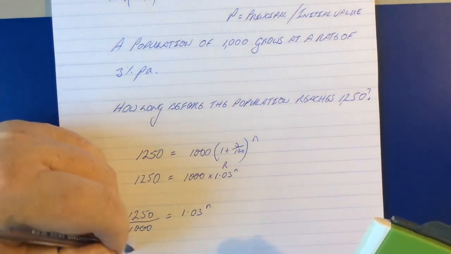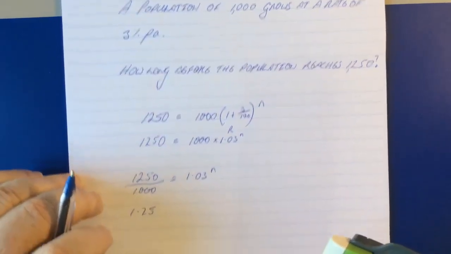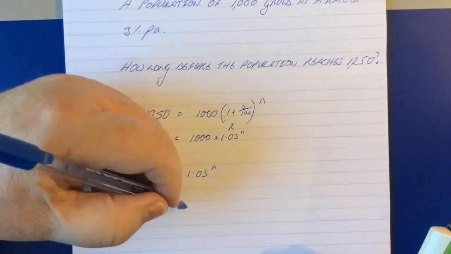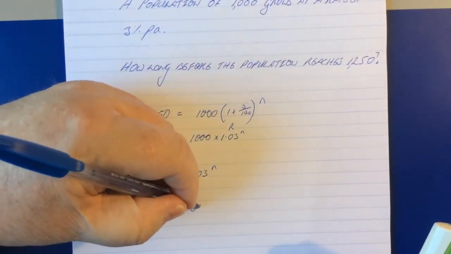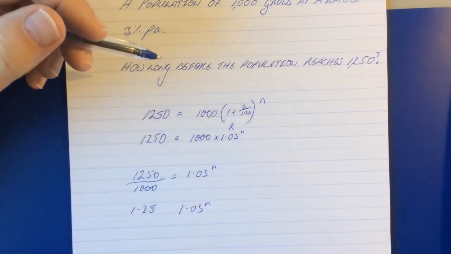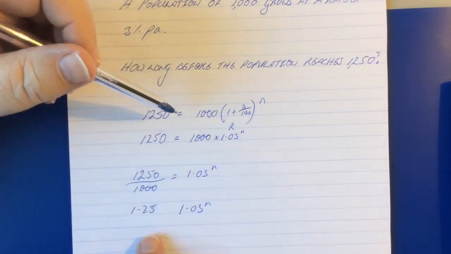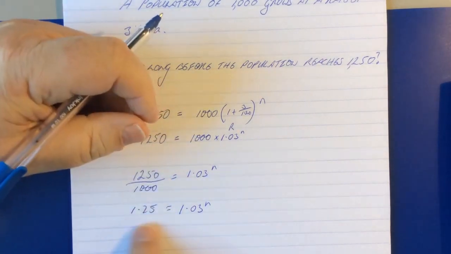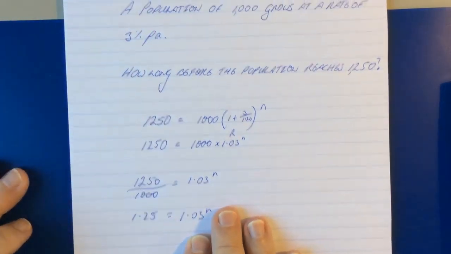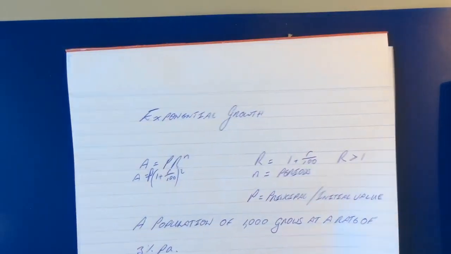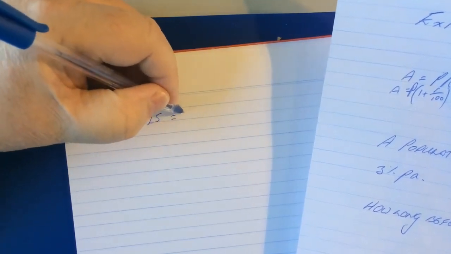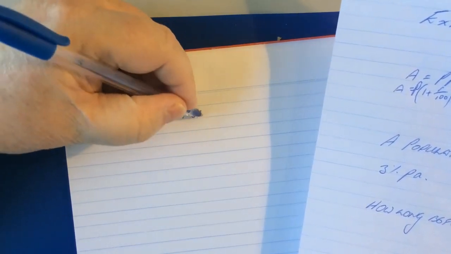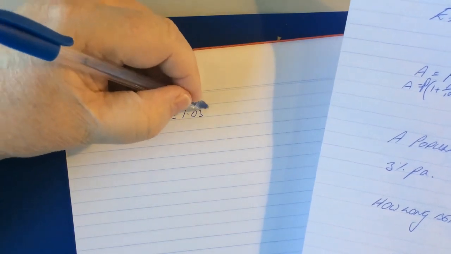So 1.25, that's this side of the equation tidied up. Can't do anything more with this. Now, in order to solve this, we're going to take the log of both sides. So, fresh sheet of paper, 1.25 equals 1.03 to the N.